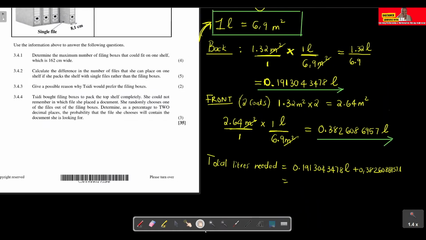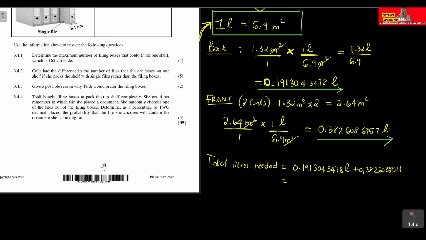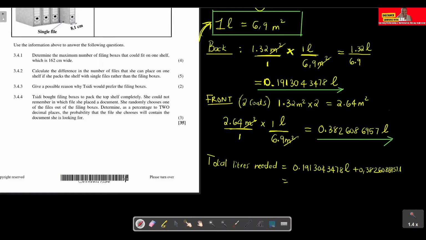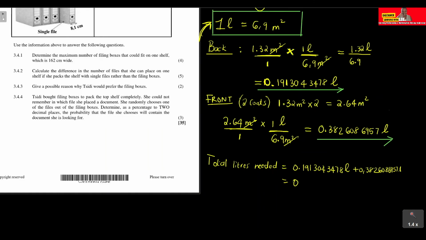If you punch this into your calculator, you'll find that your total liters needed is equal to 0.5739130435 liters.